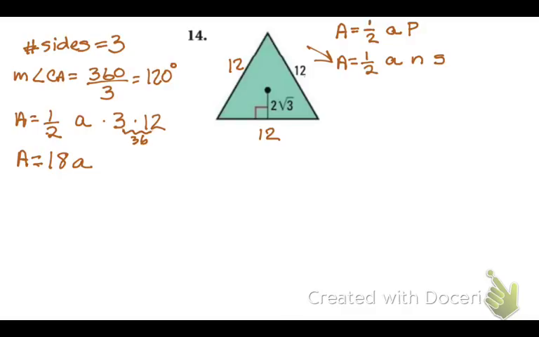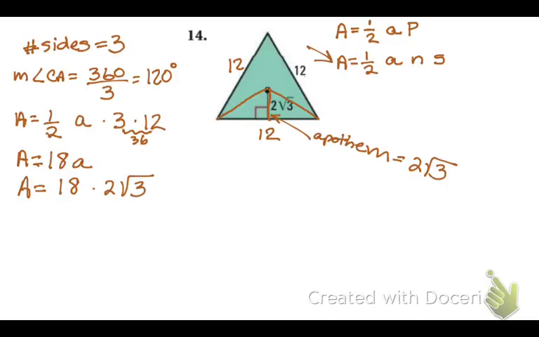So what is the apothem? If we draw 2 radii here, and then we bisect the radii down to the base, there's my apothem. And we're given that it's equal to 2 times the square root of 3. So the area of the triangle is equal to 18 times 2 root 3.